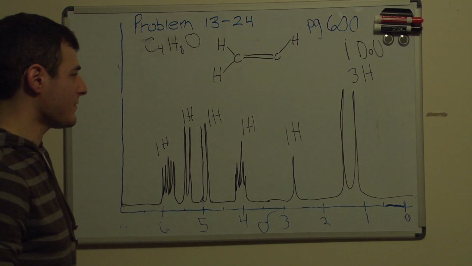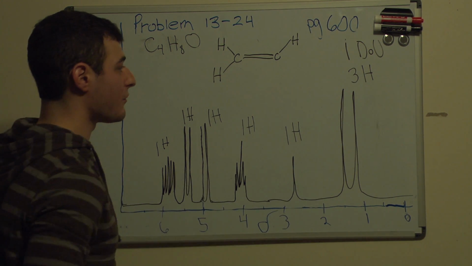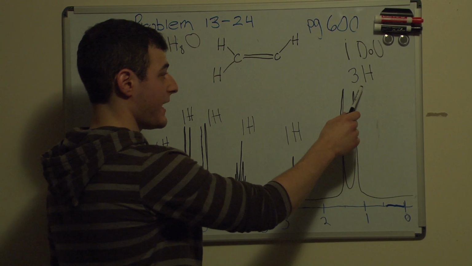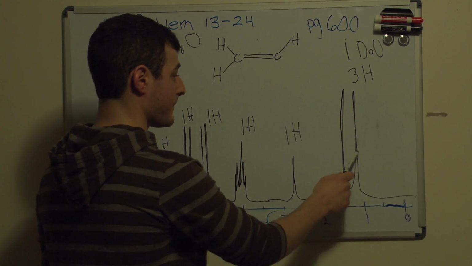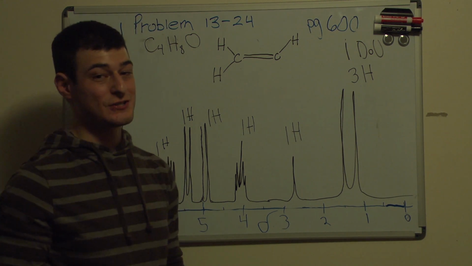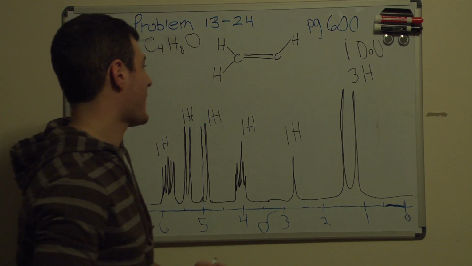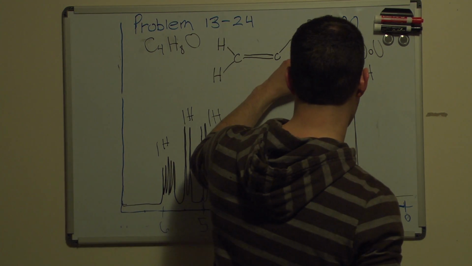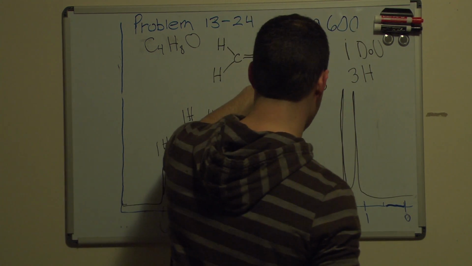So the next part, I think, the easy one to look at, is this guy all the way at the end. So we're looking at 3 hydrogens, and it's being split into a doublet, which I'm saying means it's being split by a single hydrogen. So I'm going to just draw out what this group could look like. So there's your methyl group.